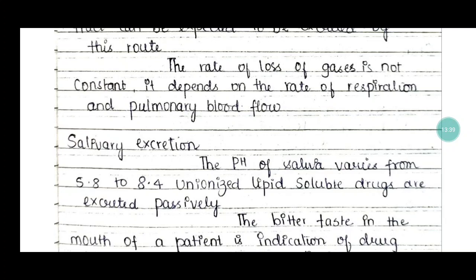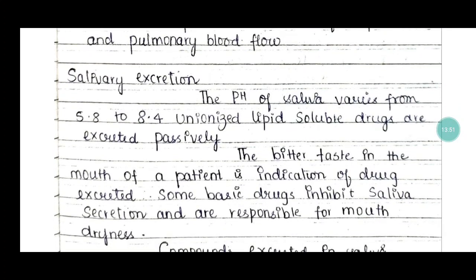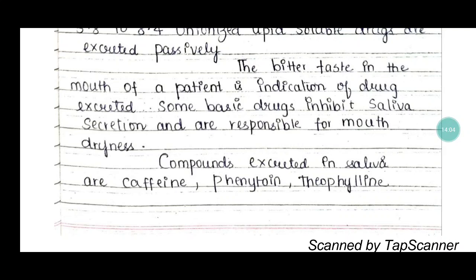The pH of saliva varies from 5.8 to 8.4, and unionized lipid soluble drugs are excreted passively. The bitter taste in the mouth of the patient is an indication of the drug excreted. Some basic drugs inhibit saliva secretion and are responsible for mouth dryness. Compounds excreted in the saliva are caffeine, phenytoin and theophylline.